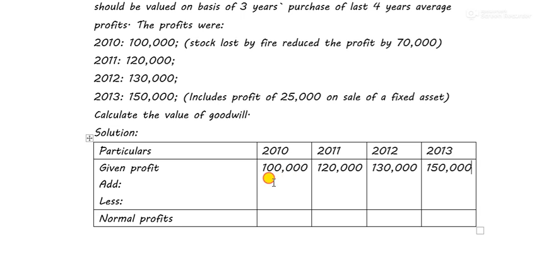Now add. I have to add all the abnormal loss. Abnormal loss only took place in the year 2010, so just add 70,000 over here and the rest will have nothing. Now less: the only abnormal gain took place in 2013, so just deduct 25,000 here.